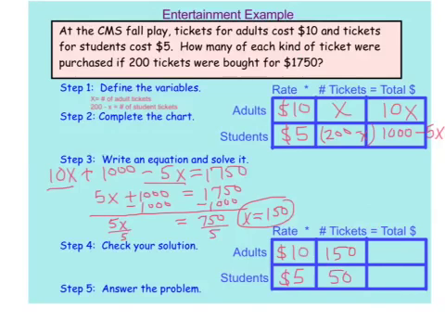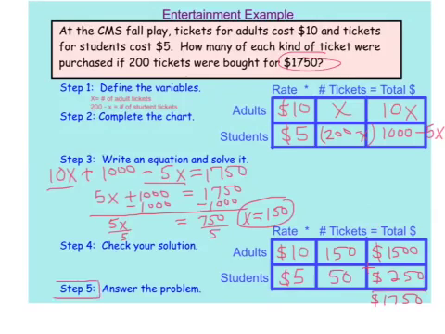And again, to find this total in the third column, we just multiply the rate times the number of tickets. So for adults, that's 10 times 150, $1,500. For students, that's 5 times 50, $250. And if you add those together, you do get $1,750, which is what we were looking for. So we have the correct answer.